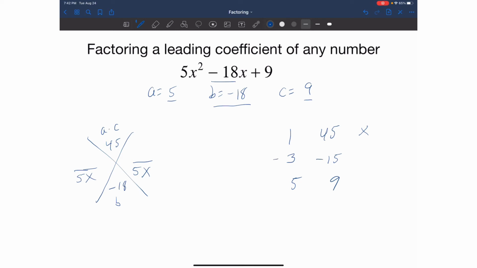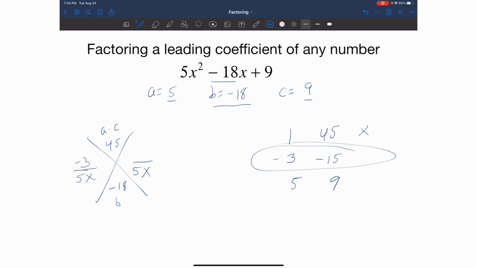So again, a negative times a negative will give us a positive for the top. So negative 3 times negative 15 will give us 45. But negative 3 plus negative 15 will give us negative 18. So now that I know that these two are my factors, I'm going to write both of them down.